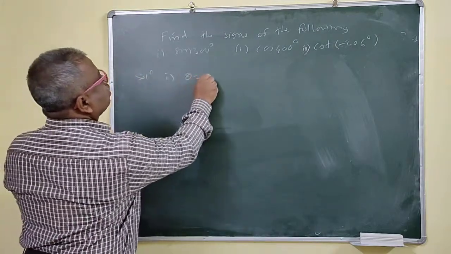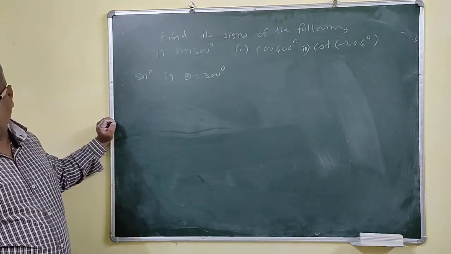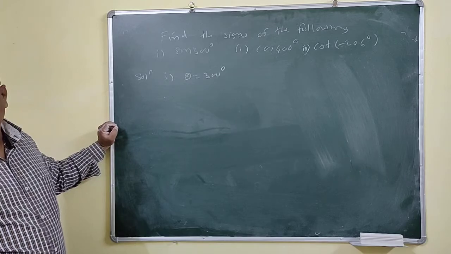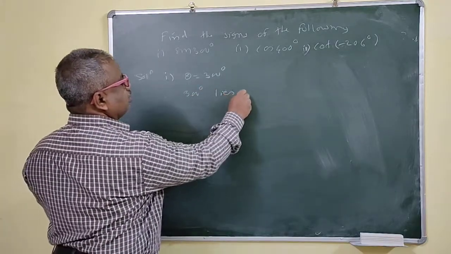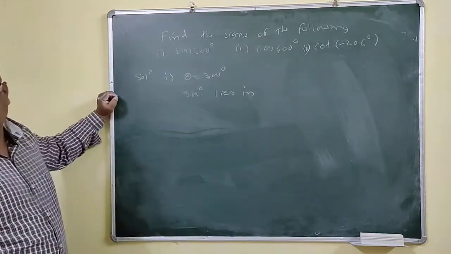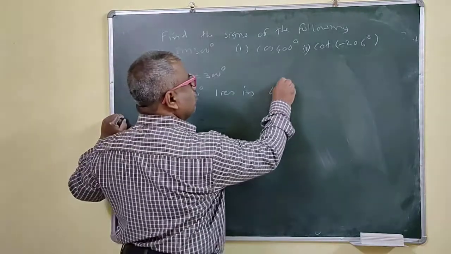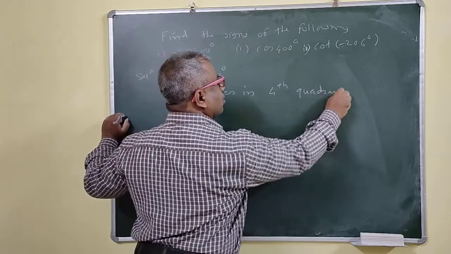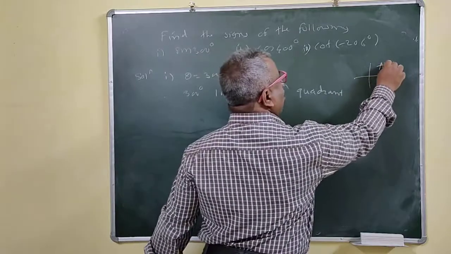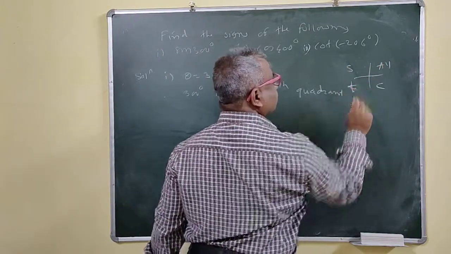Your theta is 300 degree. So where does it lie? 300 degree lies in the fourth quadrant. So draw this: all, sin, tan and cos.